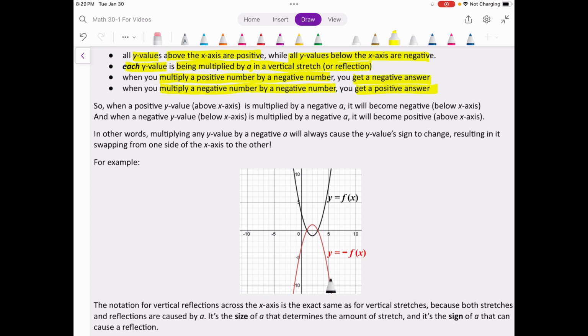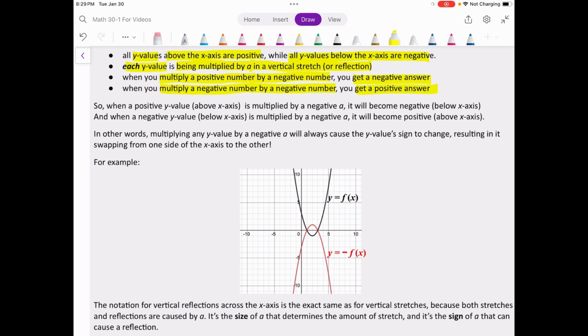And vice versa. If I had a negative y value like here, and I multiply it by a negative a, well, a negative times a negative is going to give me a positive. So any y value that was negative gets made positive, reflected up across the x-axis. Any y value that was positive gets made negative. It gets reflected down across the x-axis, right?